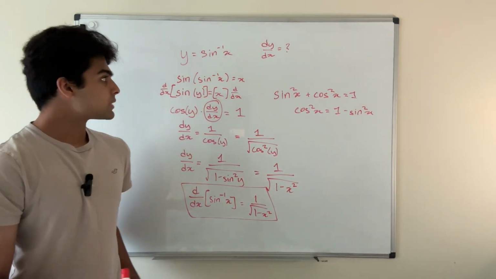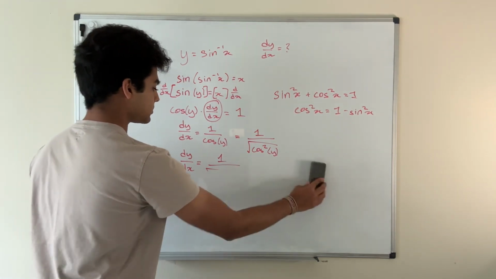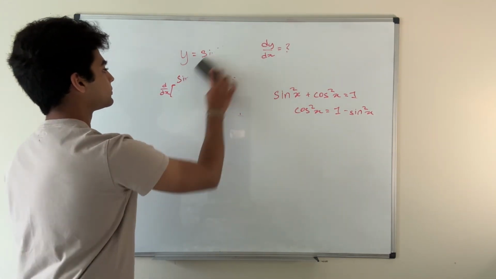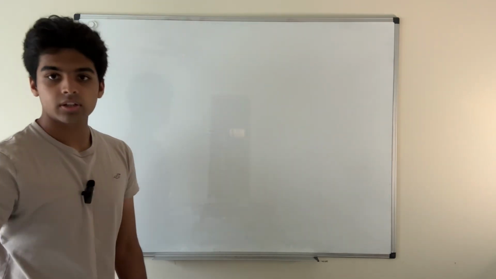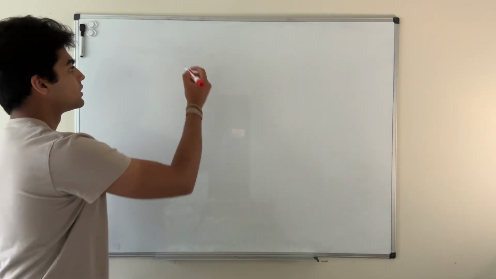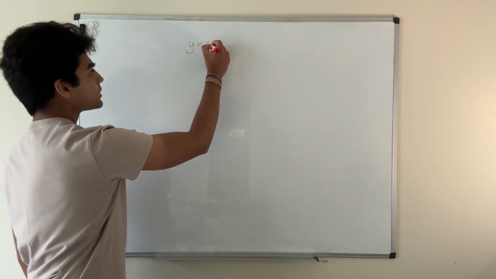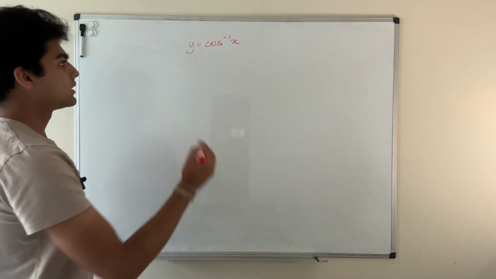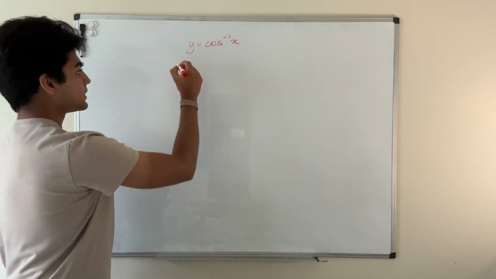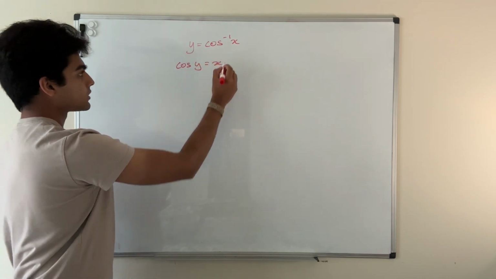Now if we want to do the same thing with cosine, it's pretty much the same process. So I'm just going to erase this. Let's do the same thing with cosine. Ready? So first thing we're going to do, y equals cosine inverse of x. And this is the same thing as saying cosine of y equals x, right?